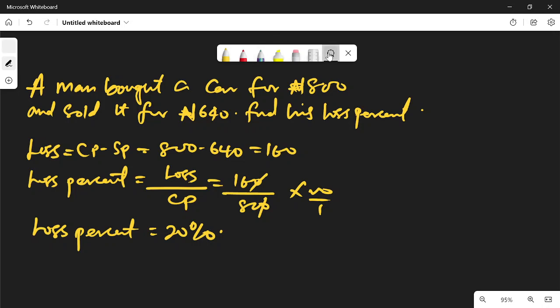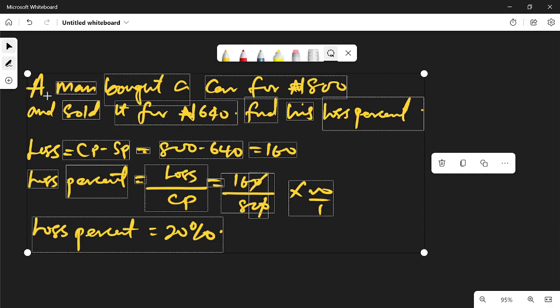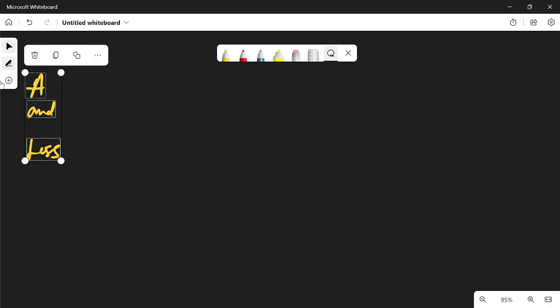So let's take a look at another one. We are trying to start from the simple to complex.